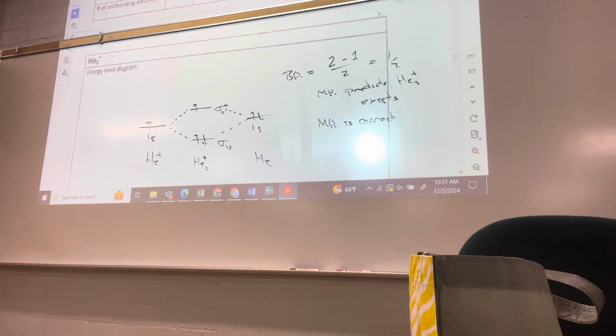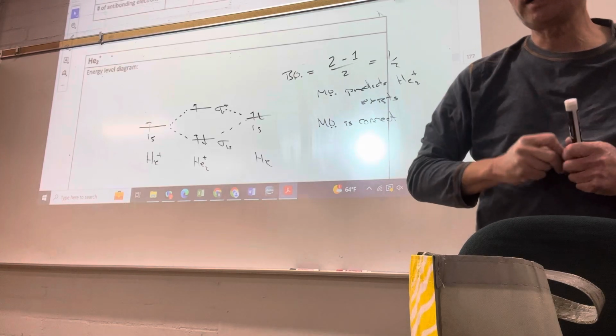Well, that turns out not to be correct. And so when we look at MO, we have 2 electrons in the sigma 1s. Let's throw those in here. And that's going to hold these together.